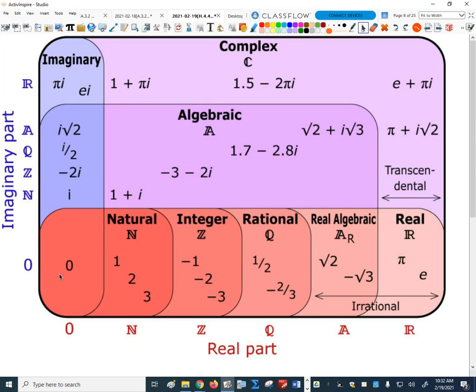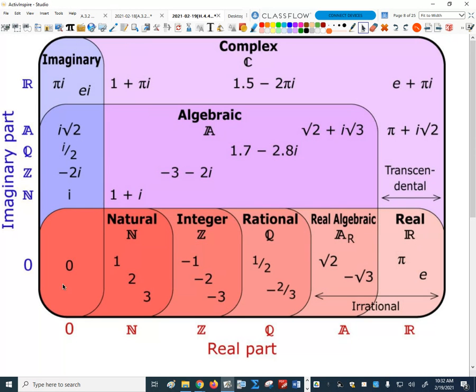We could take the set of pure imaginary numbers that have irrational coefficients, and the set of imaginary numbers that have rational coefficients. Those could be rational numbers, algebraic numbers, integers, or natural numbers.